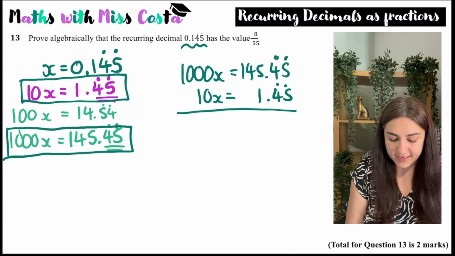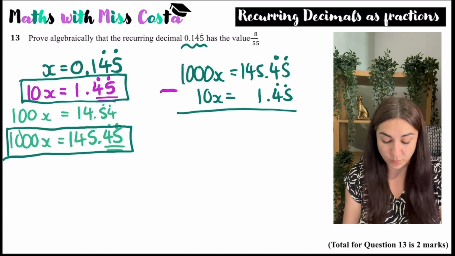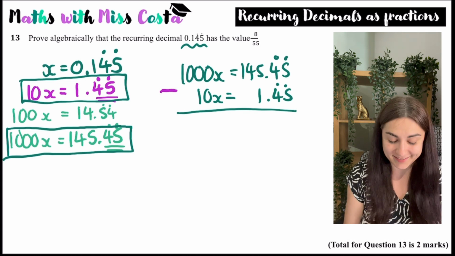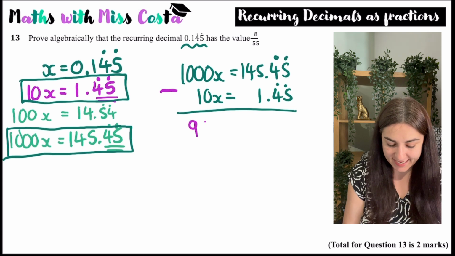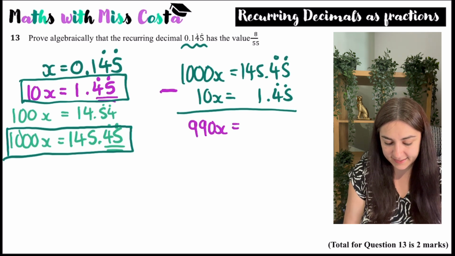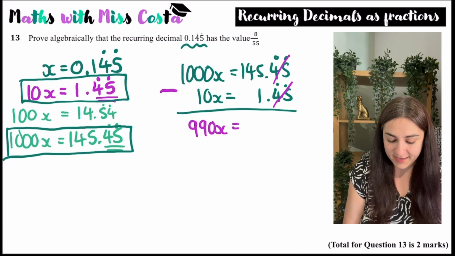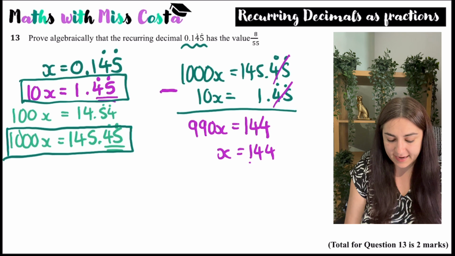And what I can do is just subtract them, because if I subtract them, I get rid of this recurring decimal and I make life very pleasant. So 1000 take away 10 is 990x. And this and this is going to cancel. So 145 take away 1 is 144. So I could rearrange that and say x is 144 over 990.